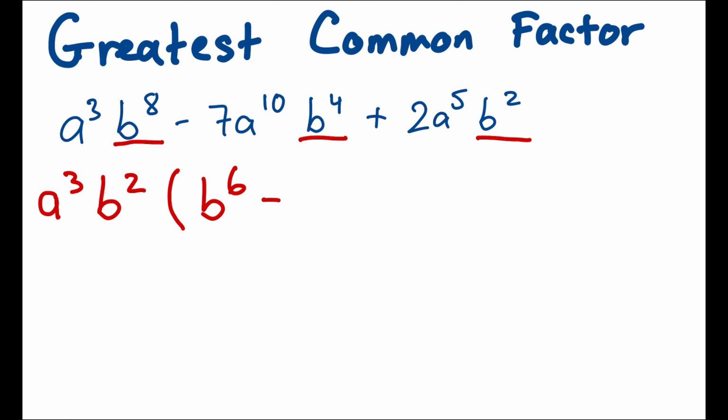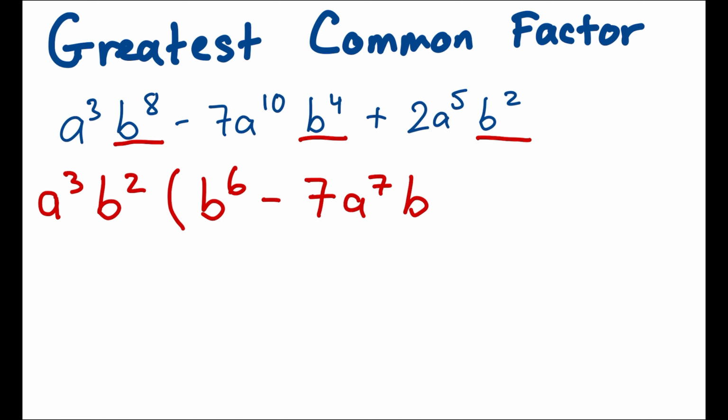Then the next term is A7, A10. You bring down the A, and for A10 and A3, A10 minus A3, you will get A7.